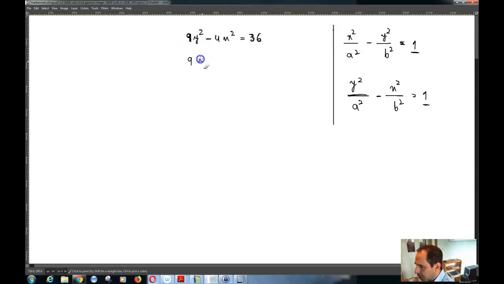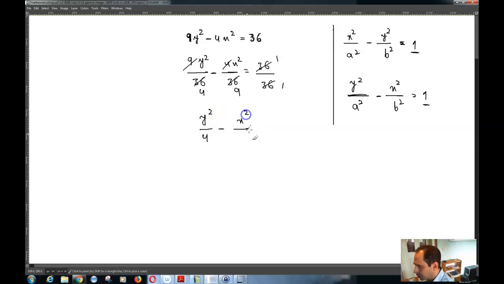So 9y squared divided by 36 minus 4x squared divided by 36 is equal to 36 divided by 36. So this is a 4 over here, this is a 9 over here, and this is a 1. So that means that y squared by 4 minus x squared by 9 is equal to 1.